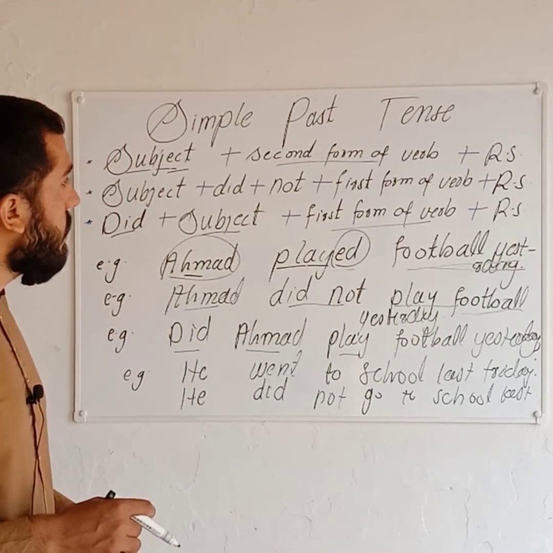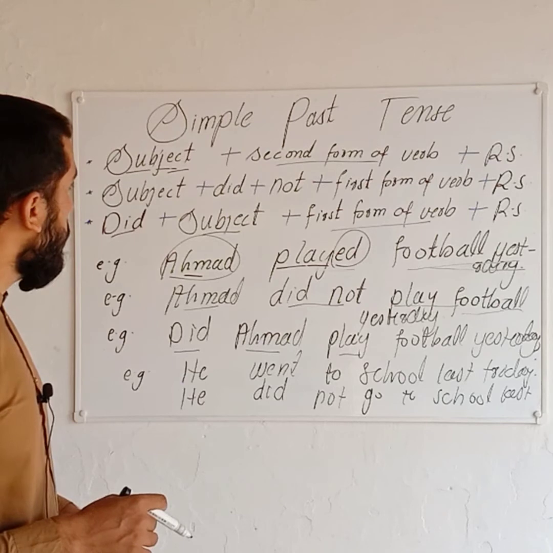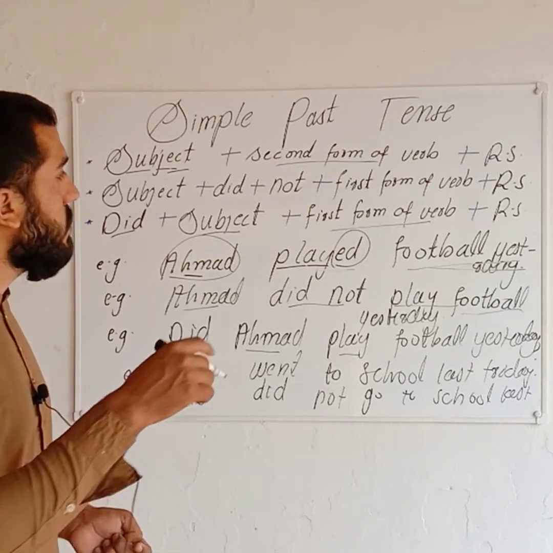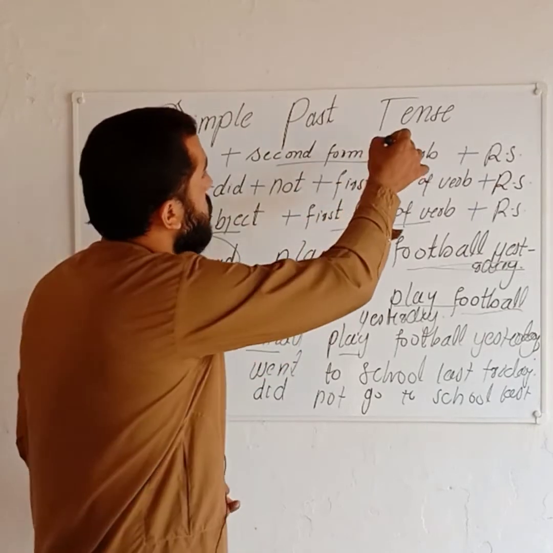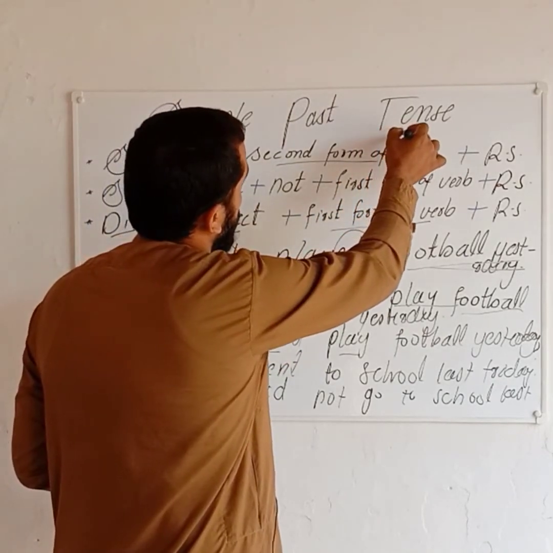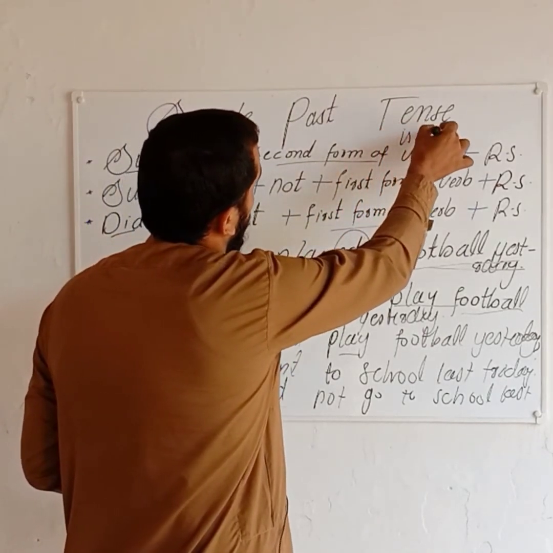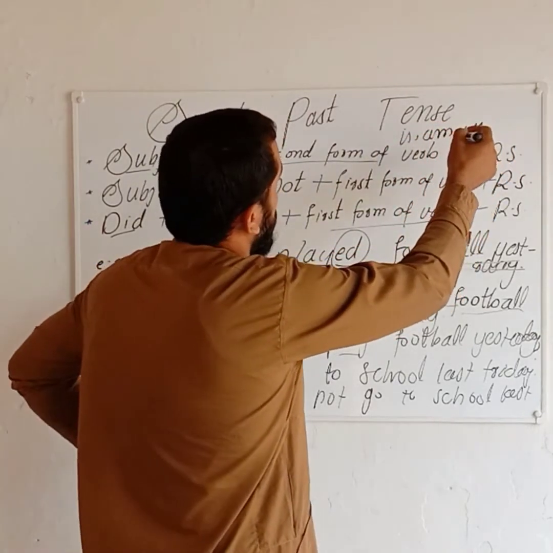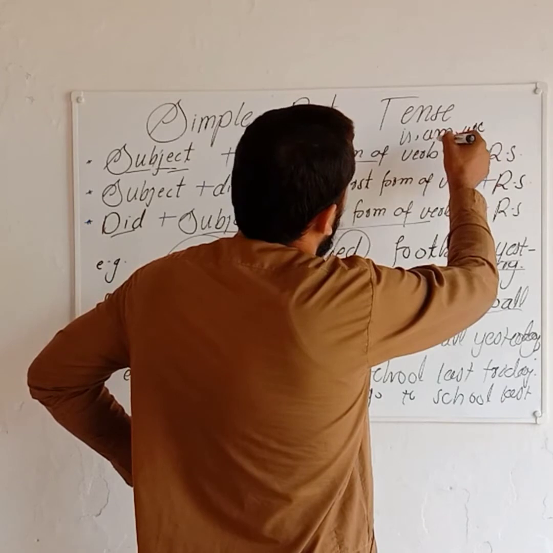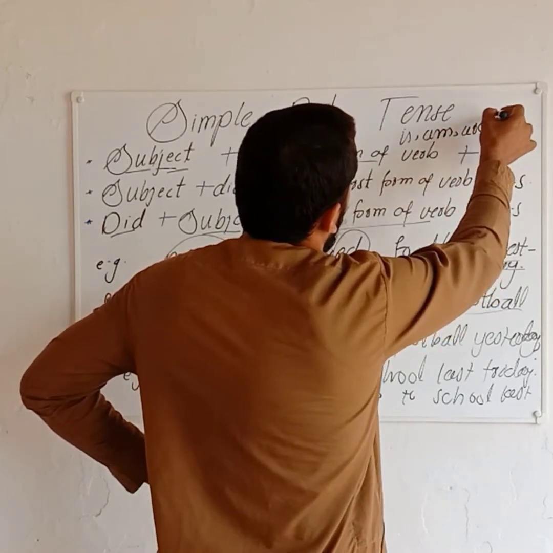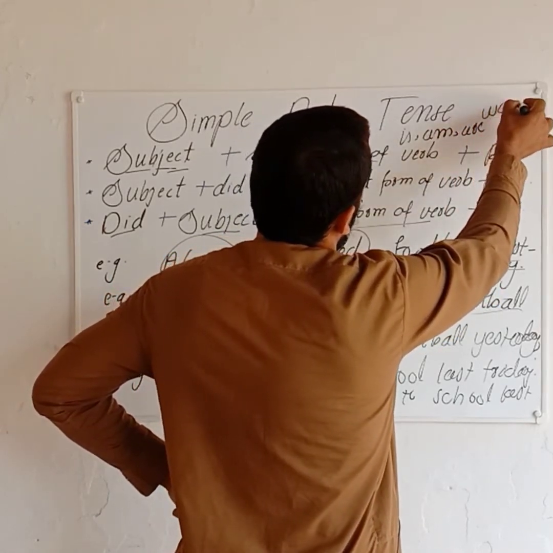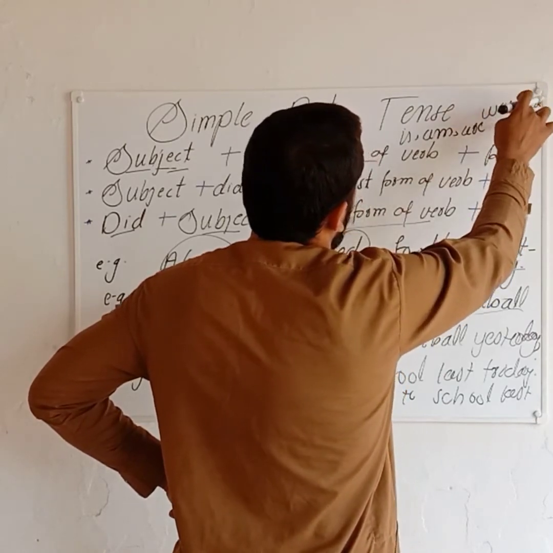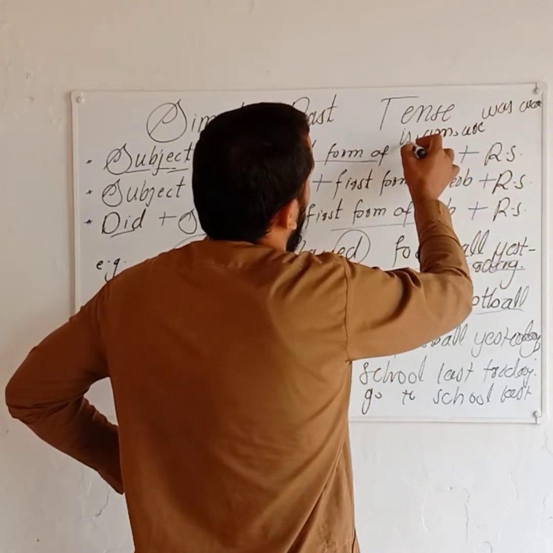If you want to make an example in simple past tense to show a state, you need to use the second forms of is, am, are. The second forms of is, am, are are was and were.